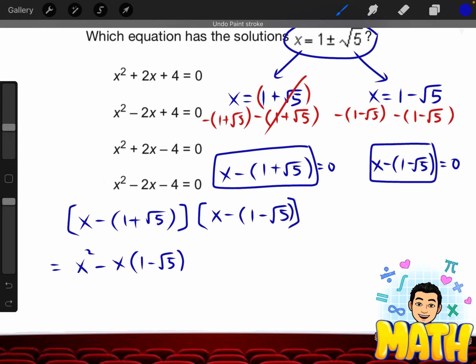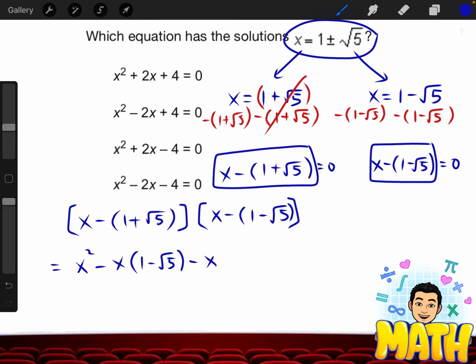So that's going to be another negative x times (1 plus rad5). Okay, and then I'm going to do the last one. That's going to be plus (1 plus rad5) times (1 minus rad5).